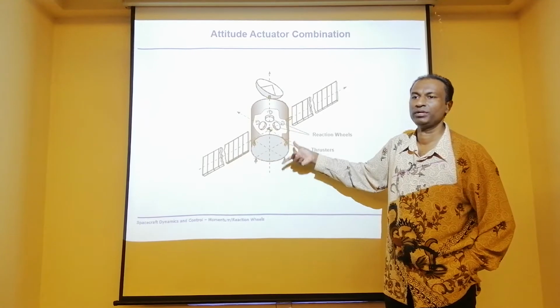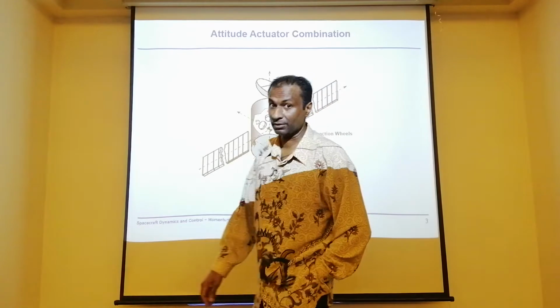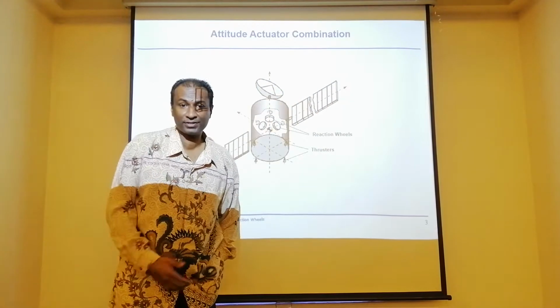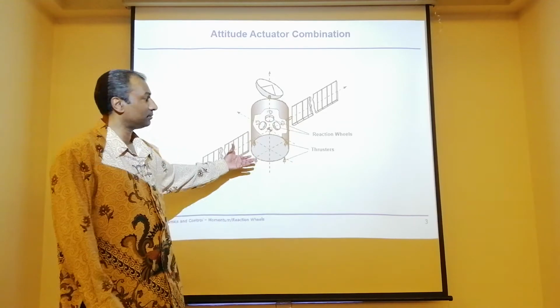It should be doing both, which means the life of the satellite can be long, can be 5 years, 10 years, can be even 20 years when you have this system.